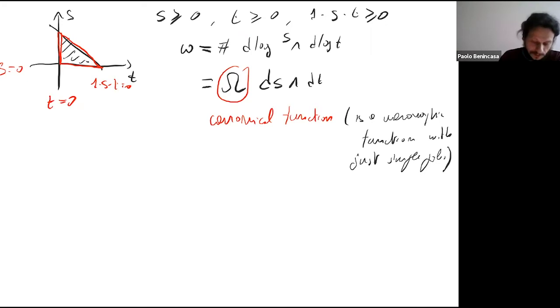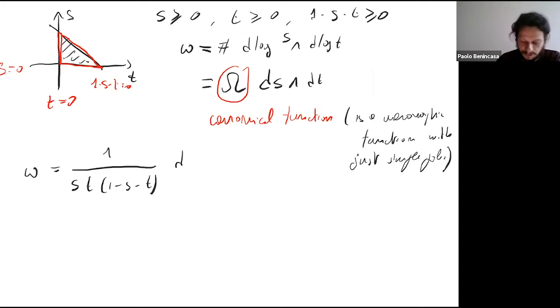So one will have 1 over s t (1 minus s minus t), ds dt. Okay.